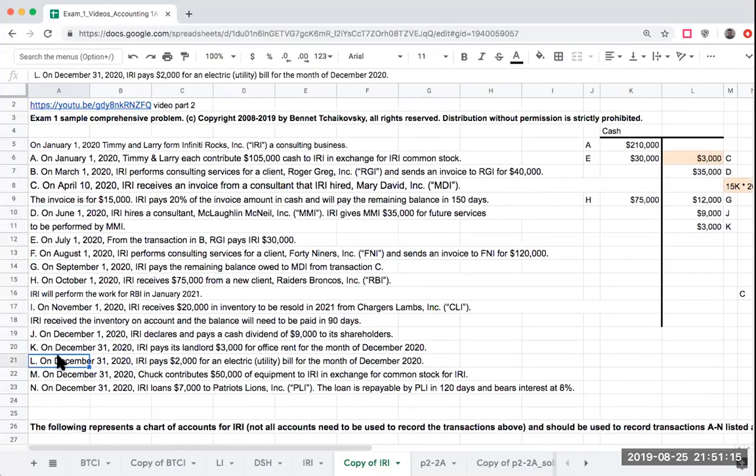Okay, on letter L, I pay $2,000 for an electricity bill for the month of December of 2020. What's happening to my cash? Is it going up or down? Down. So for letter L, I'm going to show a credit for $2,000. For every credit, I need a debit.